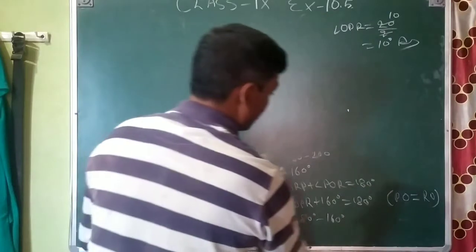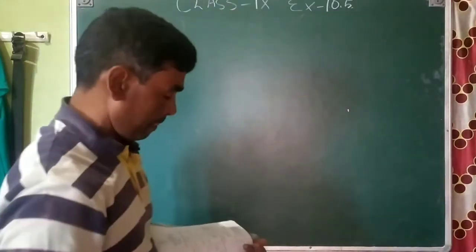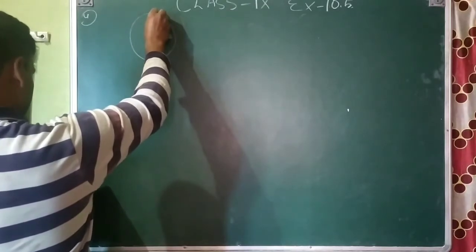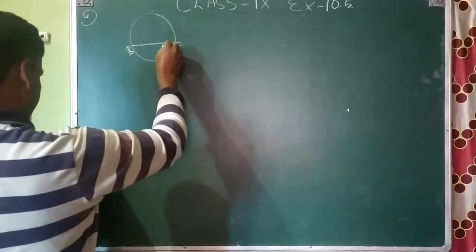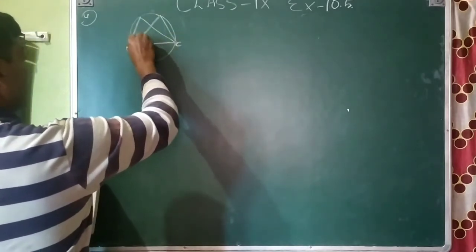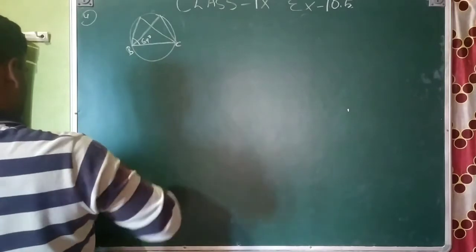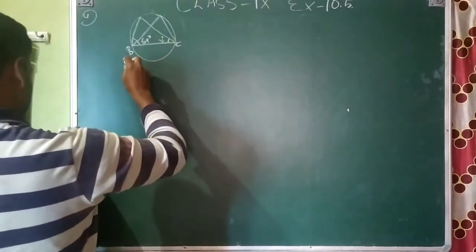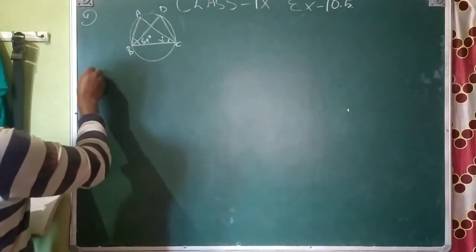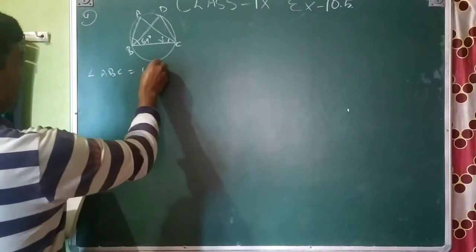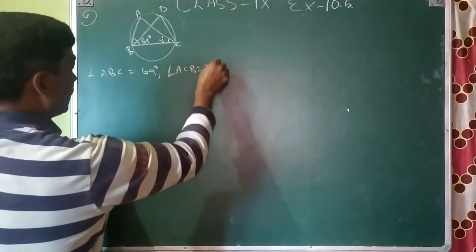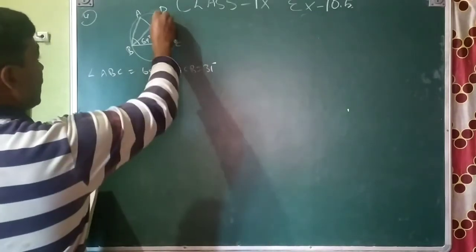The diagram is given: BC, that is 69, and then this is 31, B, C, A, D. Angle ABC is equal to 69 degrees, angle ACB is equal to 31 degrees. So we need to find angle BDC, that one angle we need to find.